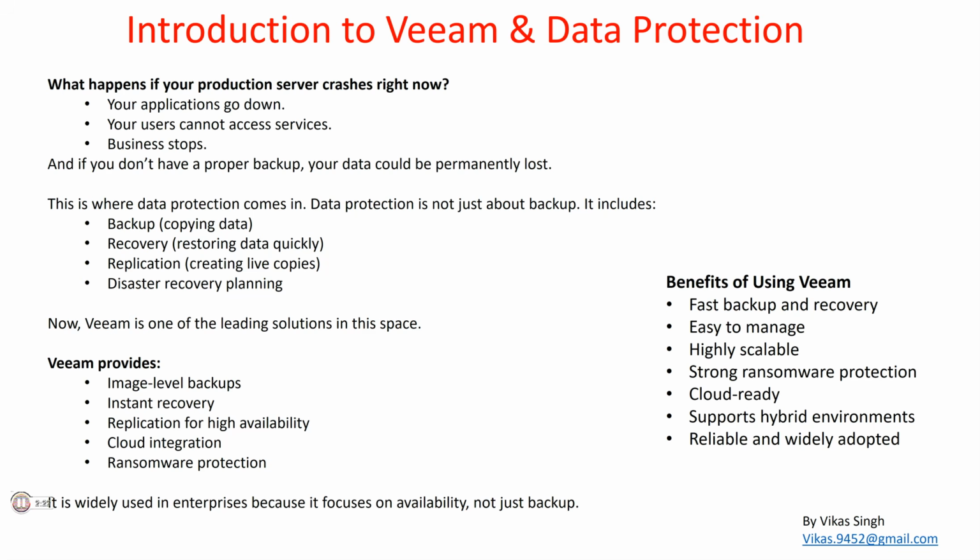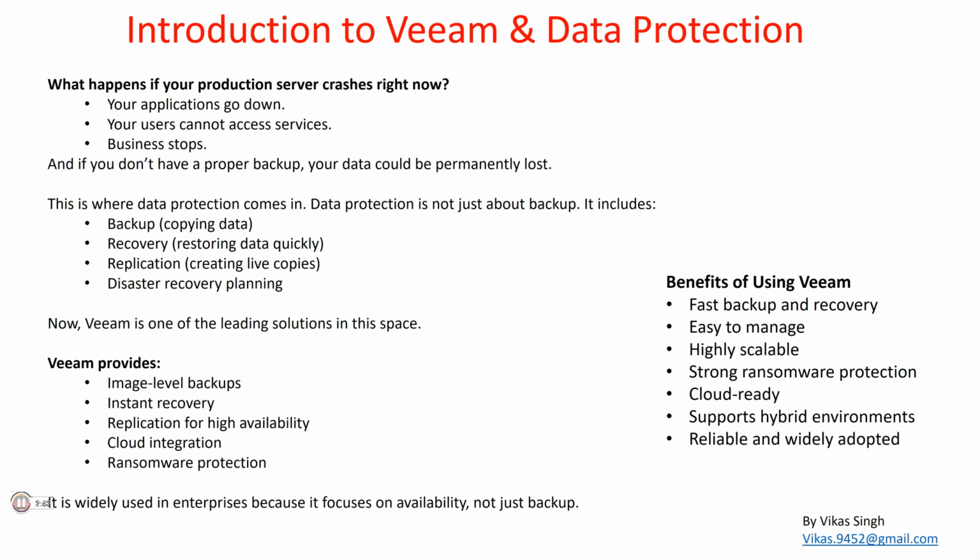So let's understand why organizations prefer Veeam. These are some of the benefits. First, it provides fast backup and recovery. Second, it is easy to manage when you have a large deployment. Third, Veeam is highly scalable: you can start from a small setup and grow whenever needed. Fourth, it offers strong ransomware protection using immutable backups.